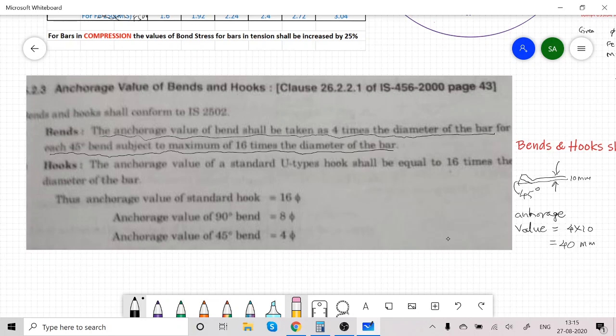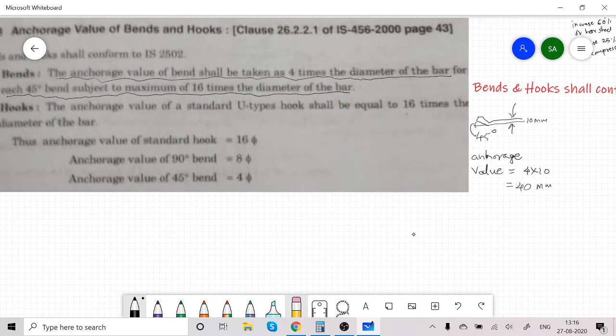So for each 45-degree bend you will consider 4 times the diameter of the bar. If the bend or hook is, suppose, 90-degree, for the same 10 mm diameter bar, then the anchorage value is equal to 8 into the diameter of the bar, that is 80 mm.